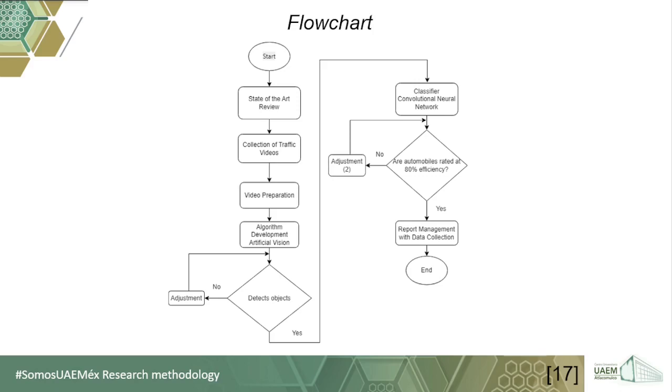In this part, we need to review if it detects objects. If it does not detect the objects, there will be an adjustment. When it can detect objects, it passes to the classifier convolutional neural network.